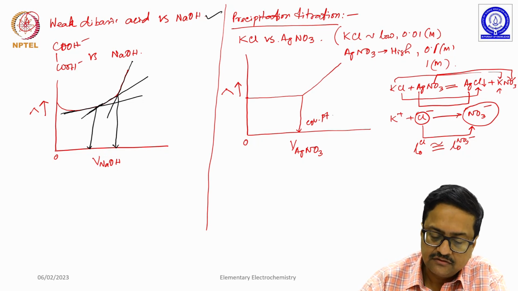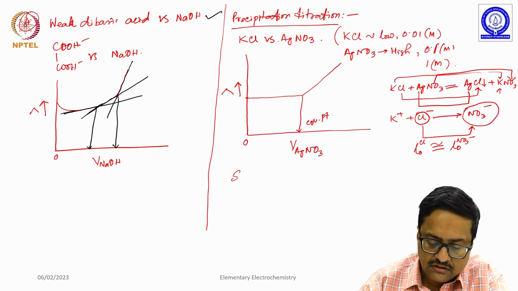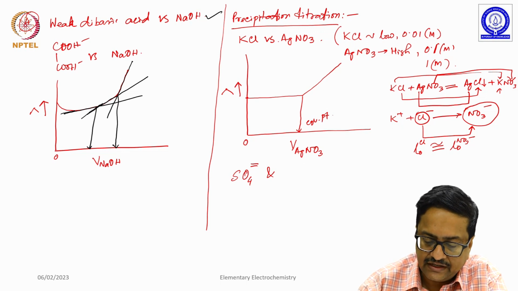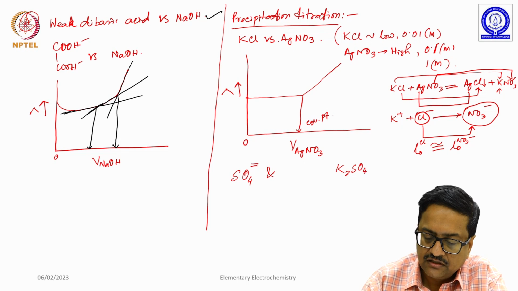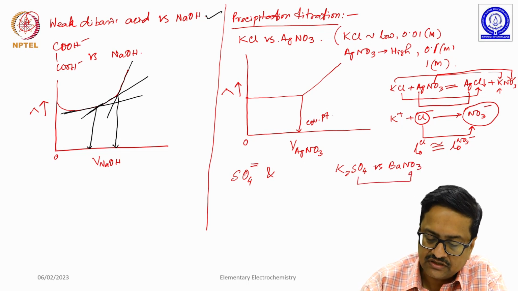If you take two different ions, say for example SO4 2 minus, what I am trying to say is that if it is K2SO4 versus barium nitrate, then you are trying to compare sulfate with nitrate.